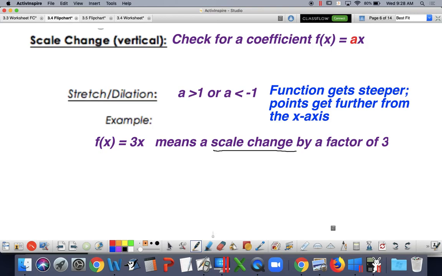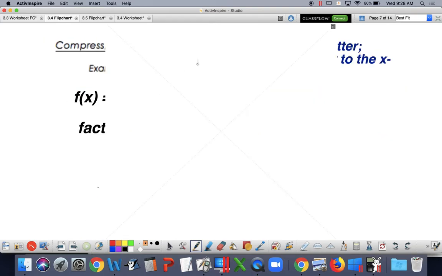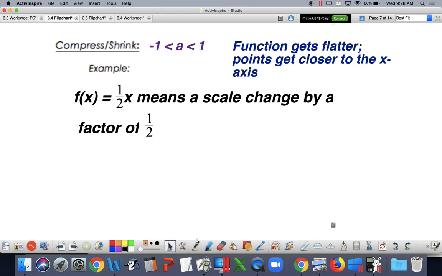So the other half of the scale change, as we just talked about the stretch or the dilation, the other one is called a compression. So a shrink.